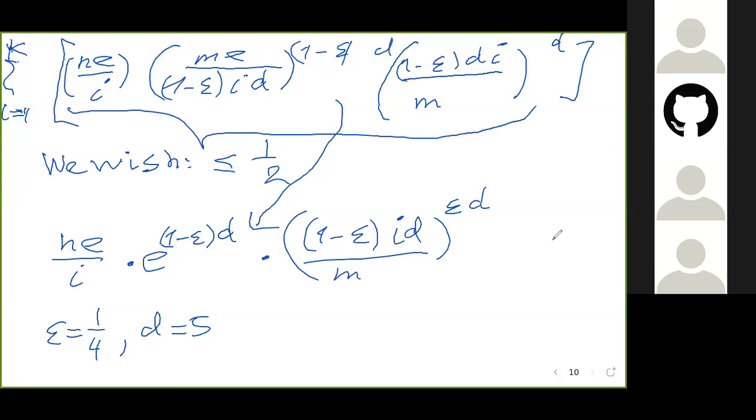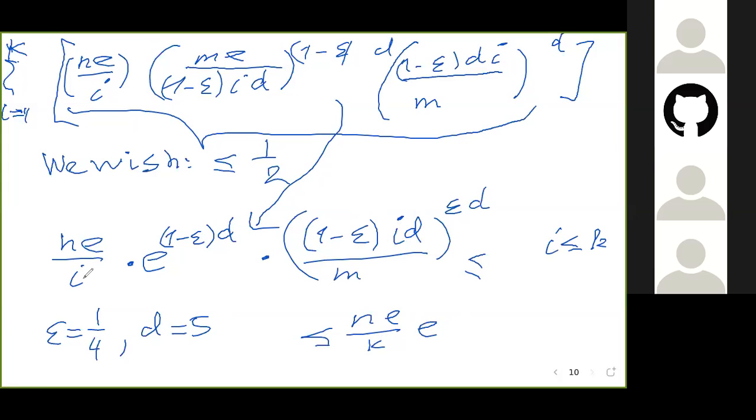And so we know that I is at most k, and for these values of d and epsilon, this guy increases when I increases, and so this is at most n epsilon e over k.